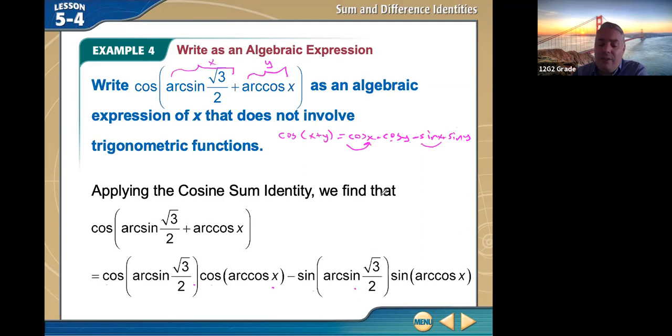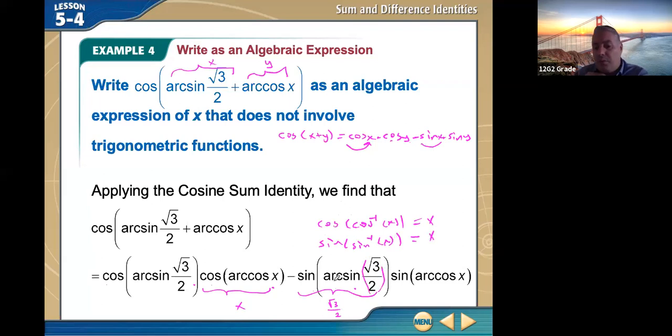Now I want to tell you directly. Can you say that this is x? What do you think? And can you say that this is root 3 over 2? Directly, can you say it is or not? Yeah. Why? Cosine of arc cosine of x is x, or sine of arcsine of x is x. This x means, for example here, root 3 over 2.